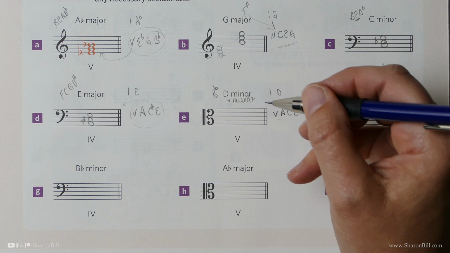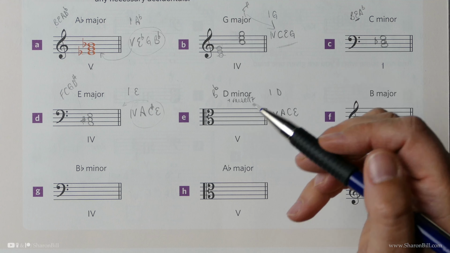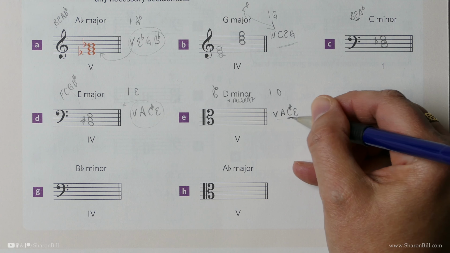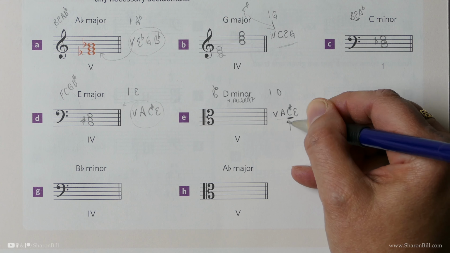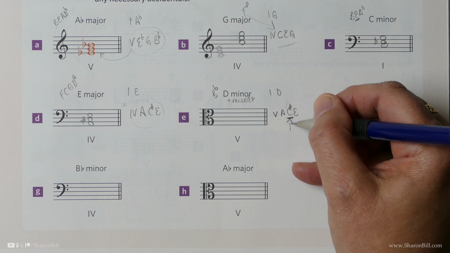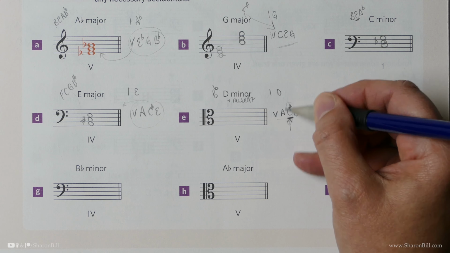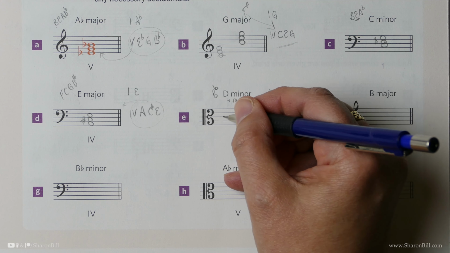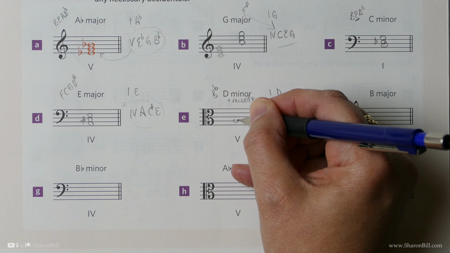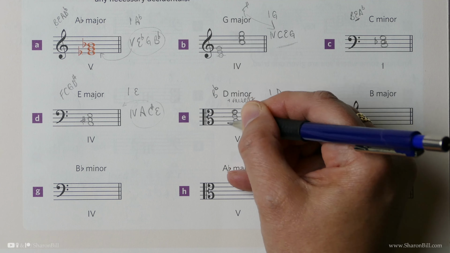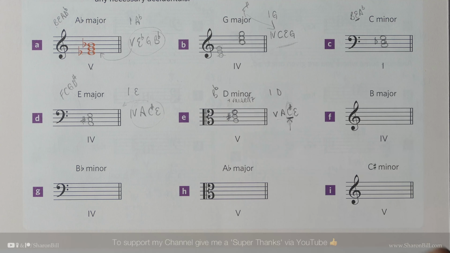And if you think D, E, F, G, A, B, C is the 7th, which must be raised, it always falls in the middle of chord 5, and so we always have to add the accidental in the middle of chord 5. That's where the leading note always appears. So we want A, C, E, and that's a C sharp there.